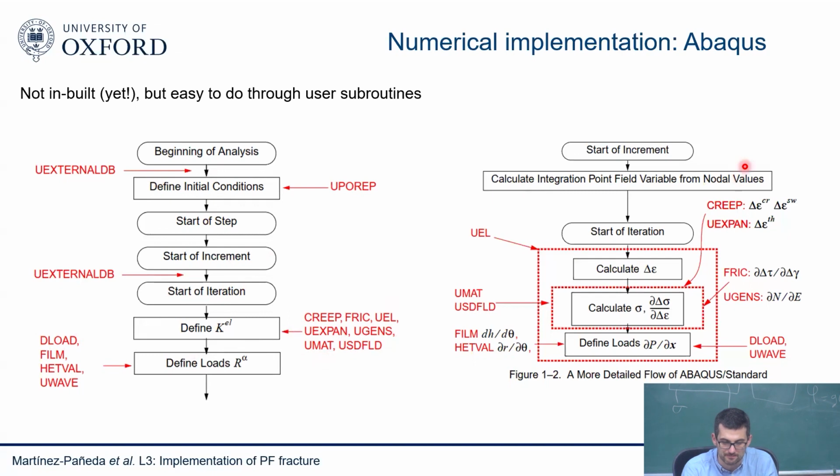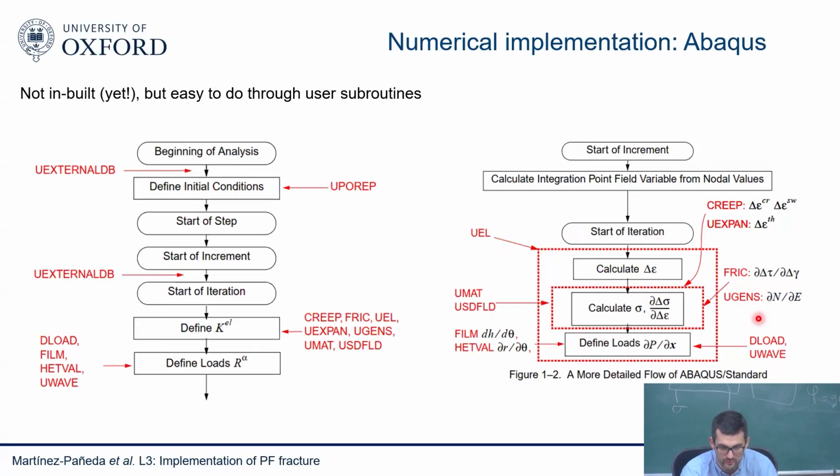And if you look at the behavior more locally, what you see is, when you start an increment, you calculate integration point field variables and other values, you start the iteration, and then in a UEL, those of you familiar with coding finite elements, a UEL basically gets the displacements at the nodes of your element. You use the strain-displacement matrix to interpolate those displacements into strains within your integration points.